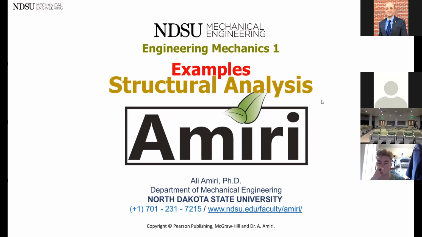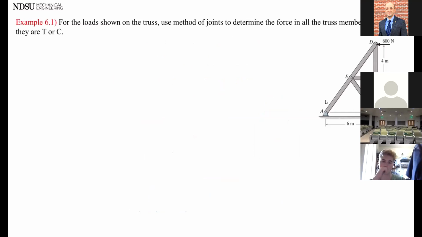So we're going to use a lot of equilibrium of particle and equilibrium of rigid bodies in this chapter. I hope everyone had a chance to watch the lecture on truss in chapter 6, but I'm going to mention it very briefly here.